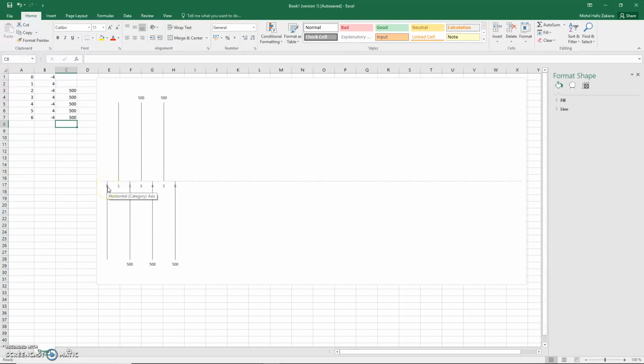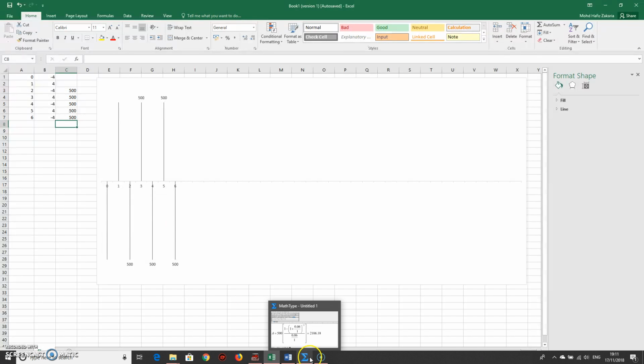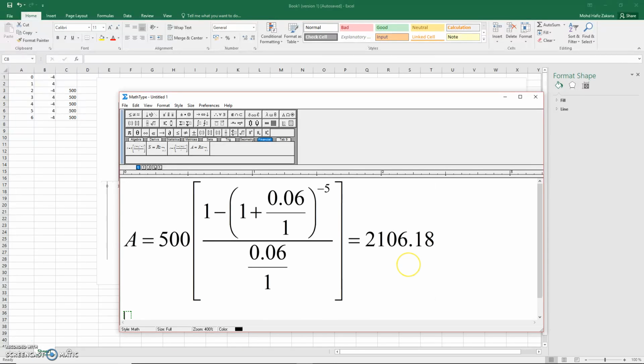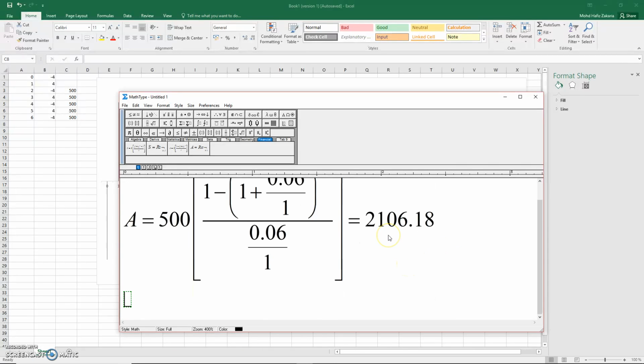By using the present value formula for compounding. Because there is no annuity there, what's left is the compounding method. So what is the formula for the present value of the compounding method?